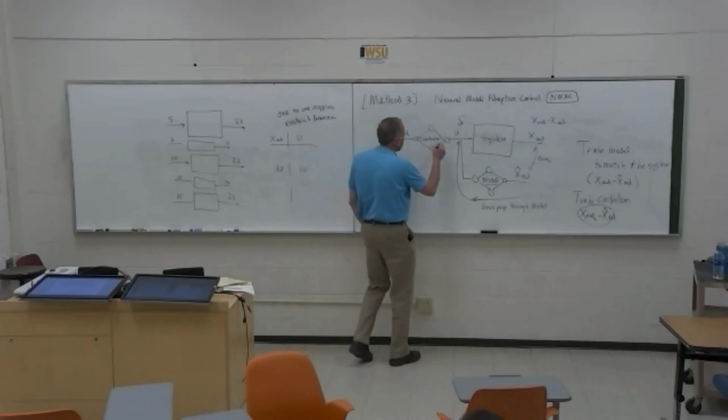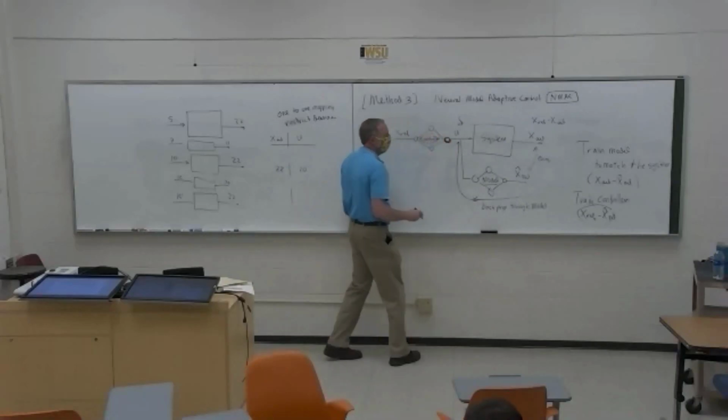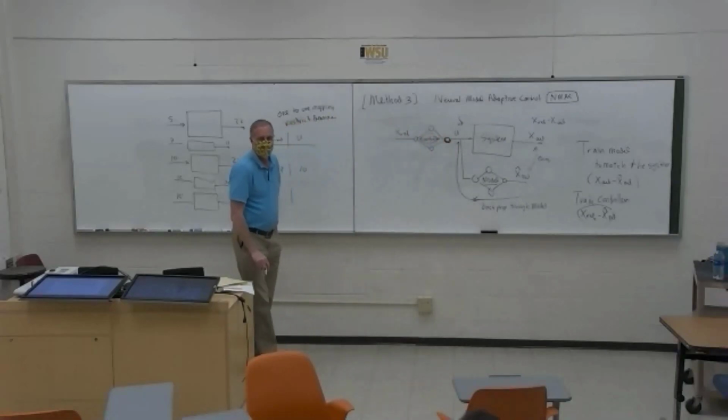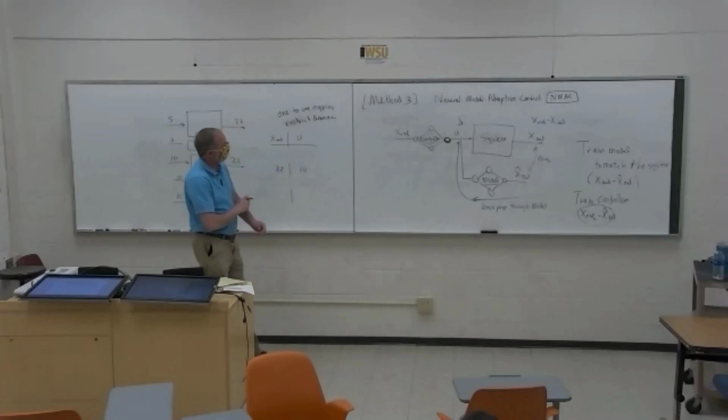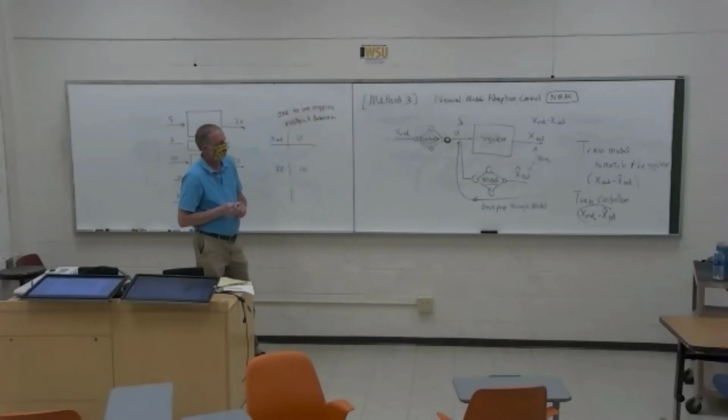We get an error delta at this neuron here that we can then use to train the weights inside the controller. So there's two features to this part. You train the model, and once that's done, you backprop the error through the model to train the controller. So that's that group.